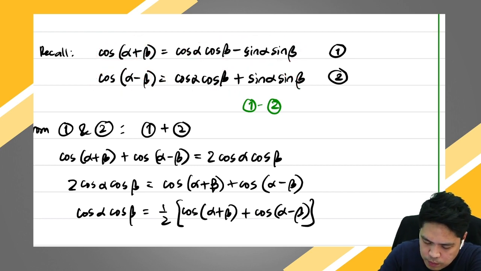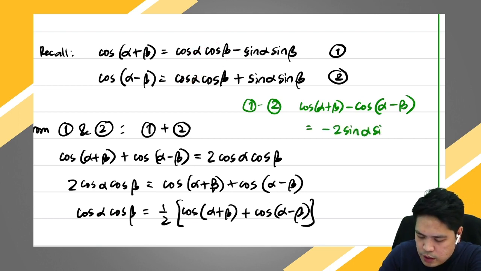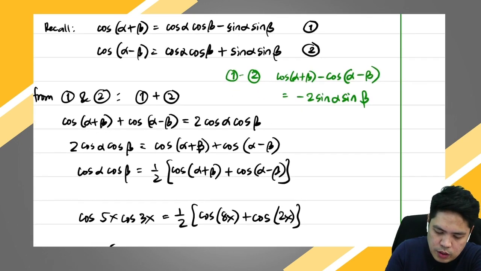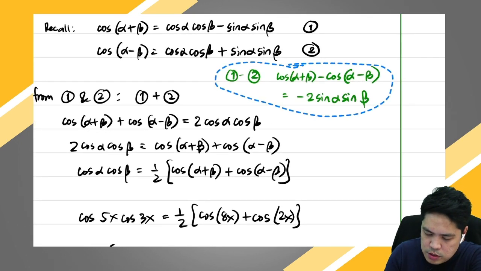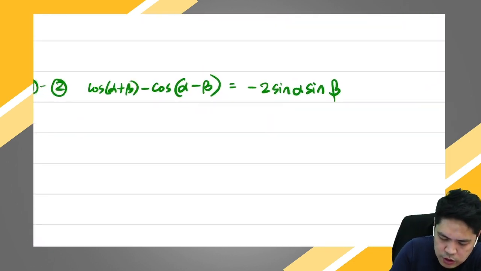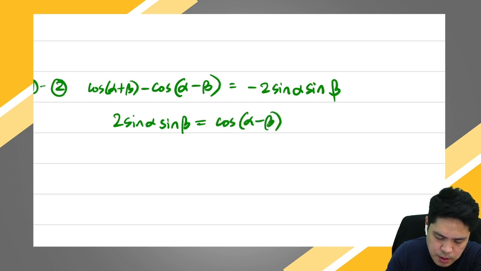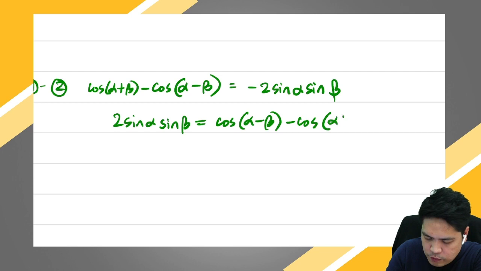That becomes cosine alpha plus beta minus cosine alpha minus beta, and it is equal to, this will be cancelled out, negative 2 sine alpha sine beta. Let me copy this and paste it here. If we interchange this, that becomes 2 sine alpha sine beta equal to cosine alpha minus beta minus cosine alpha plus beta.